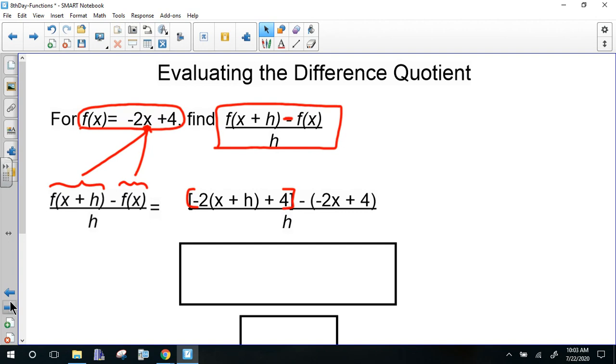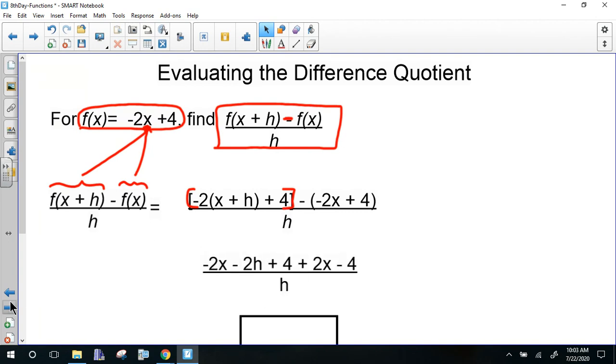Then I do the math. Simplify everything. I've got to distribute this negative 2. I'll get negative 2x. I'll get negative 2h. Still have my plus 4. Negative times negative 2x is a positive 2x. Negative times positive 4 is a negative 4. I should have some things that would cancel out. My negative 2x and my positive 2x cancel out.